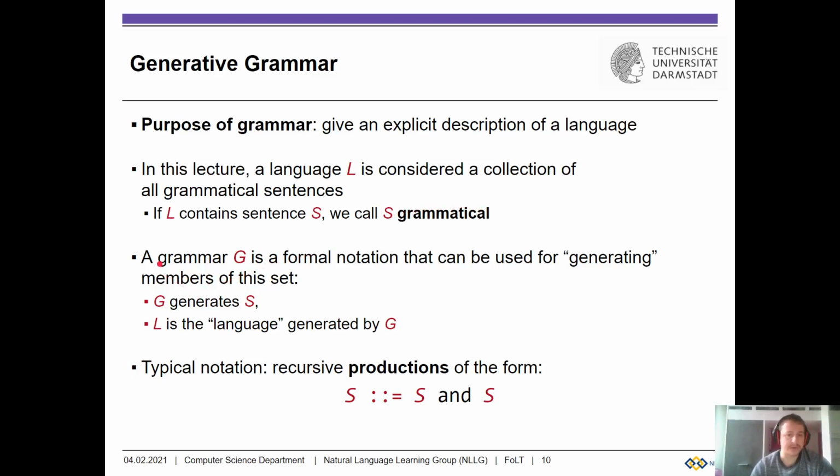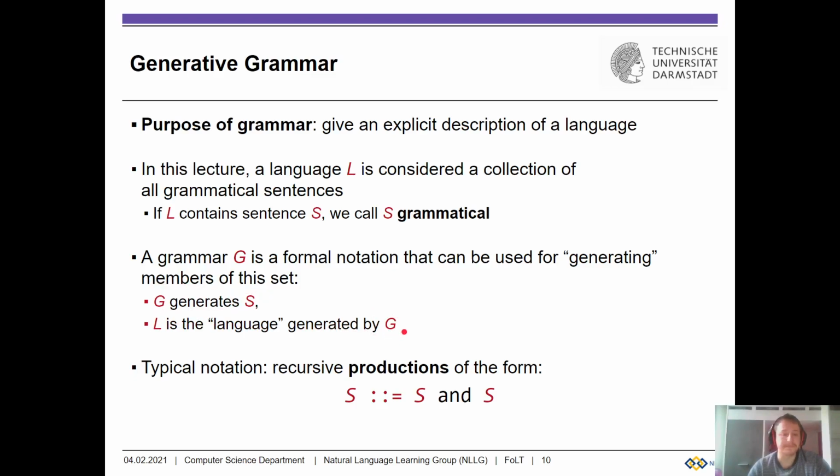And then a generative grammar G is a formal notation that we can use for generating members of this set L. So G generates a sentence S, so the grammar is like a formal mathematical notation that allows us to generate a sentence S, and then all the sentences S that G generates is called the language generated by the grammar G.